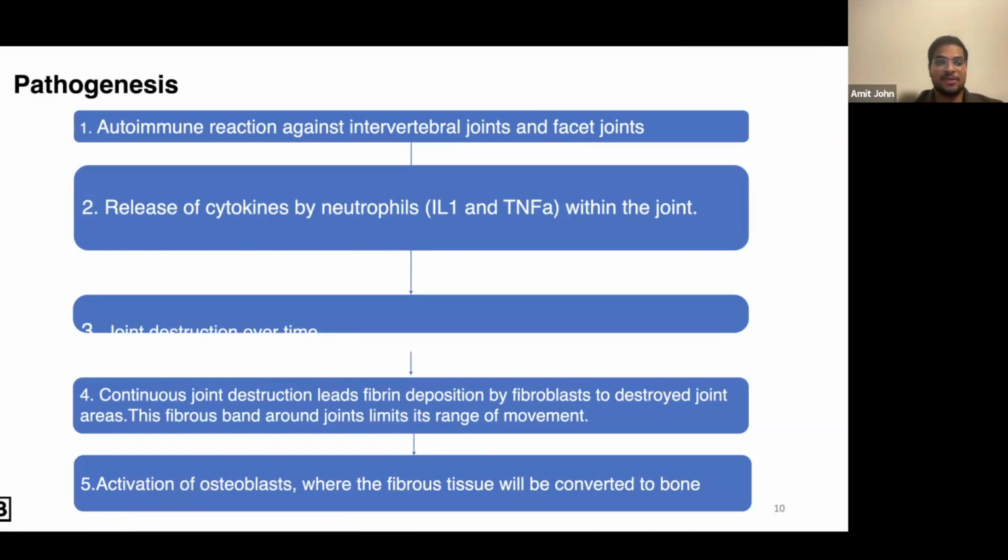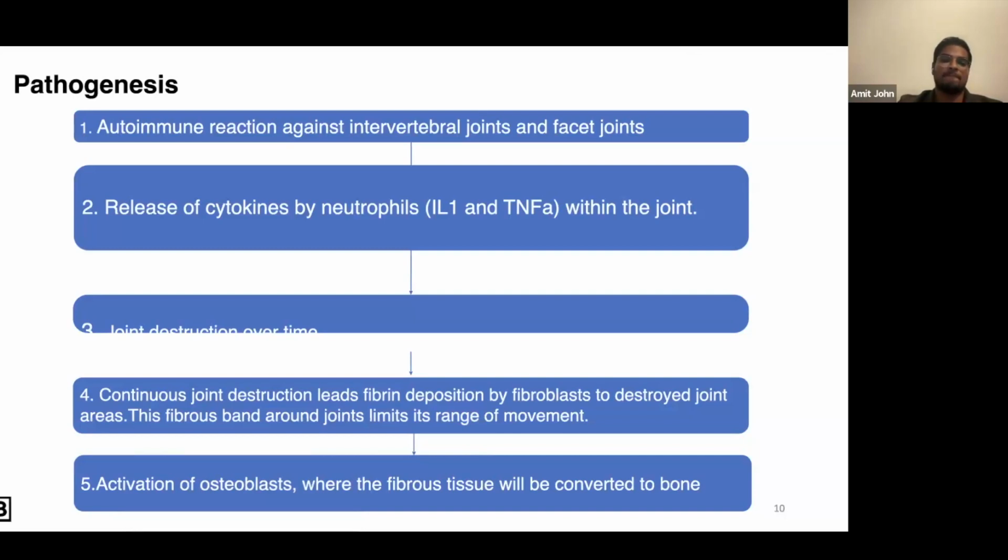There's going to be activation of osteoblasts where the fibrous deposition happens. So this will start the bony changes, which we'll discuss later on, specifically in the annulus fibrosus. In your intervertebral space, the joint is mainly composed of the annulus fibrosus and the nucleus pulposus.